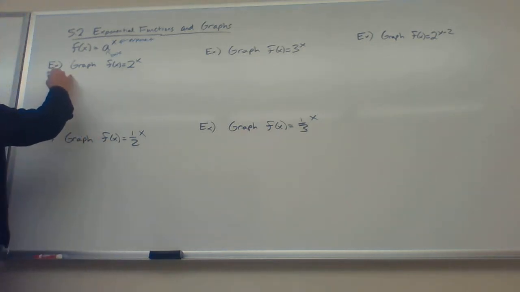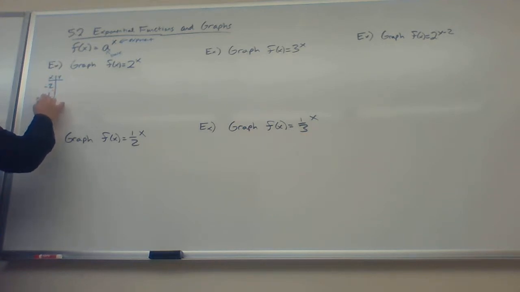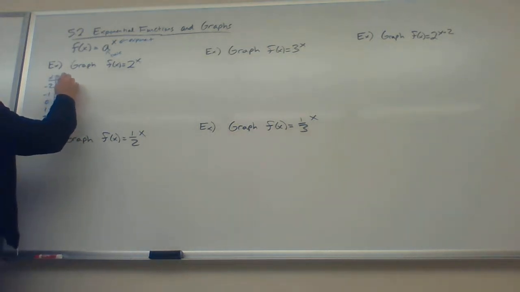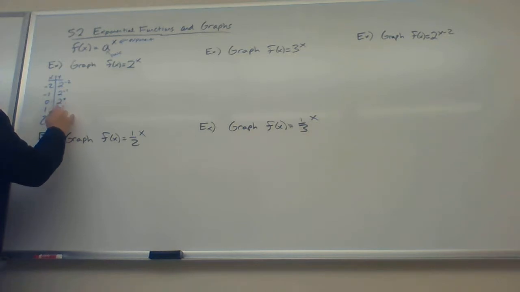Plug in some points. So I'm going to stick with my go-to points here and plug them in: 2 to the negative 2, 2 to the negative 1, 2 to the 0, 2 to the 1, 2 to the 2. Then I'll evaluate them backwards. 2 squared is 4. 2 to the first is 2.